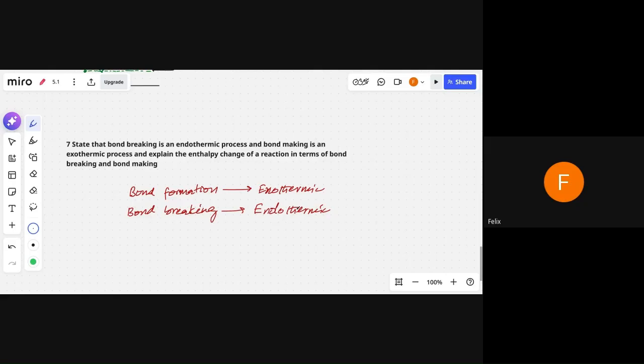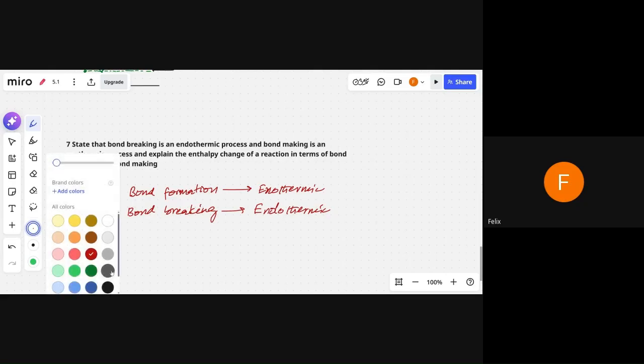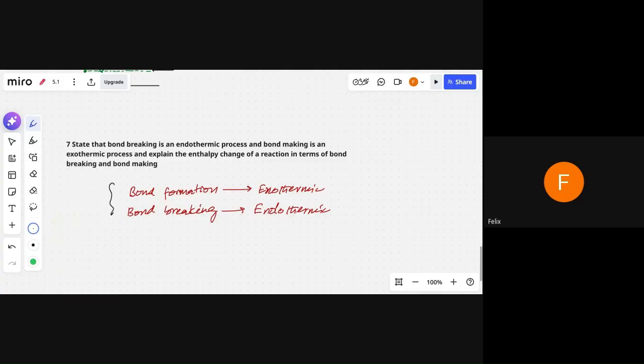Let me explain why. This is something which confuses many students and even some teachers. I've seen here, where I teach, that they don't have an understanding of this.